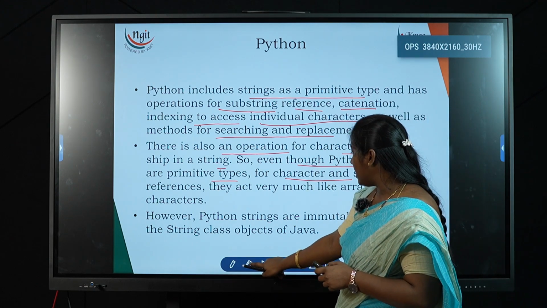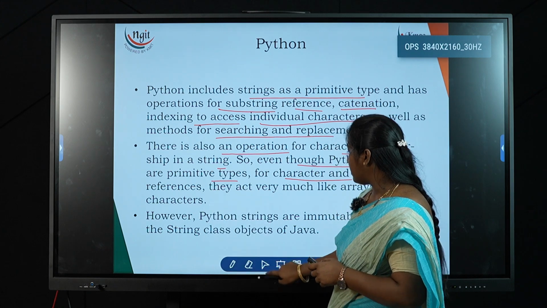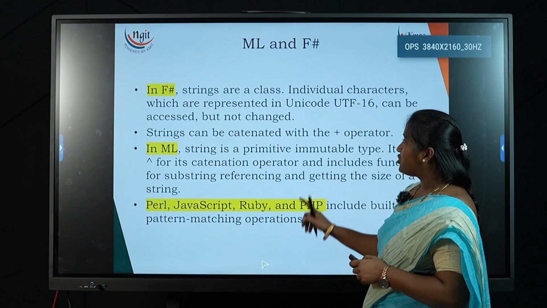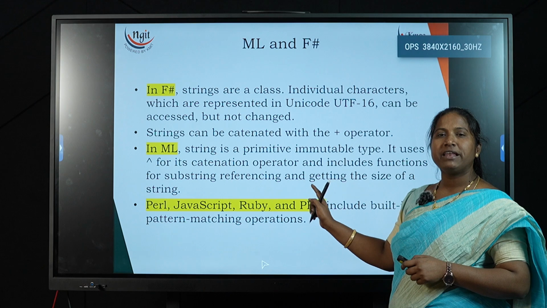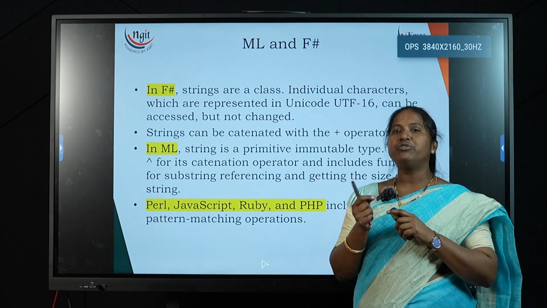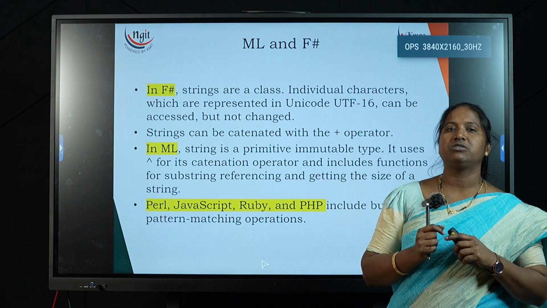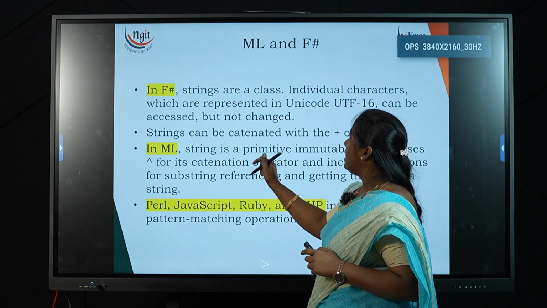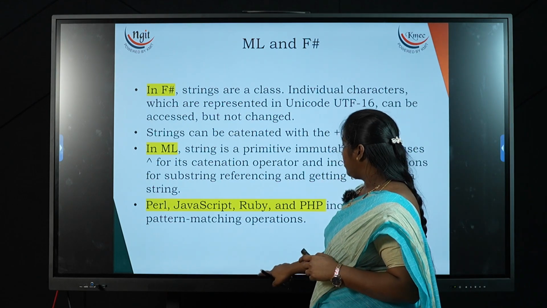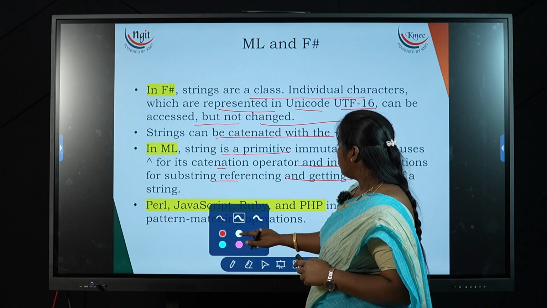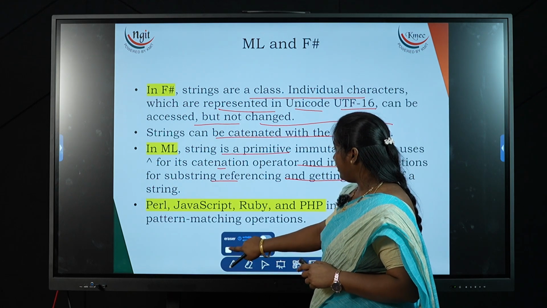Now let's look at the other programming languages, F# and ML. In these languages, you will find a minute difference in how operations on strings are performed. Strings can be concatenated in F# using the plus operator.